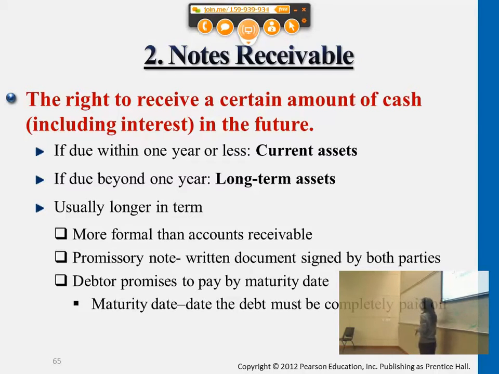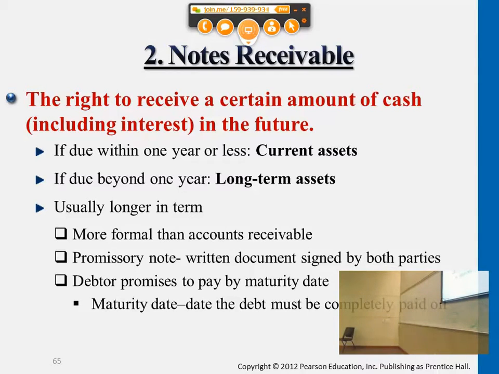The 10% interest is a yearly interest, so that $100 you would divide by 12 and then multiply by 3 months. We'll talk about this in more detail later. So whatever this interest is, let's say it's $33, this interest together with that $1,000 would be paid by the client to your company. The principal amount plus interest together is what we call the maturity value of the note.